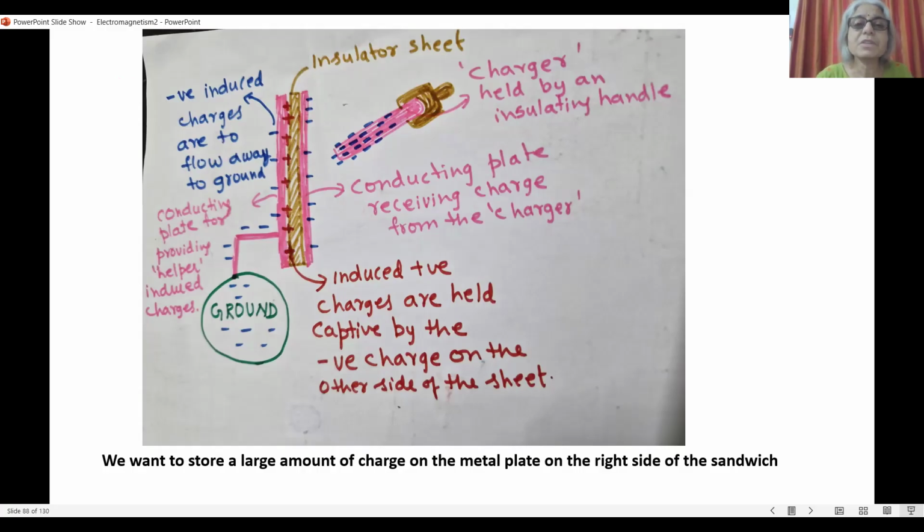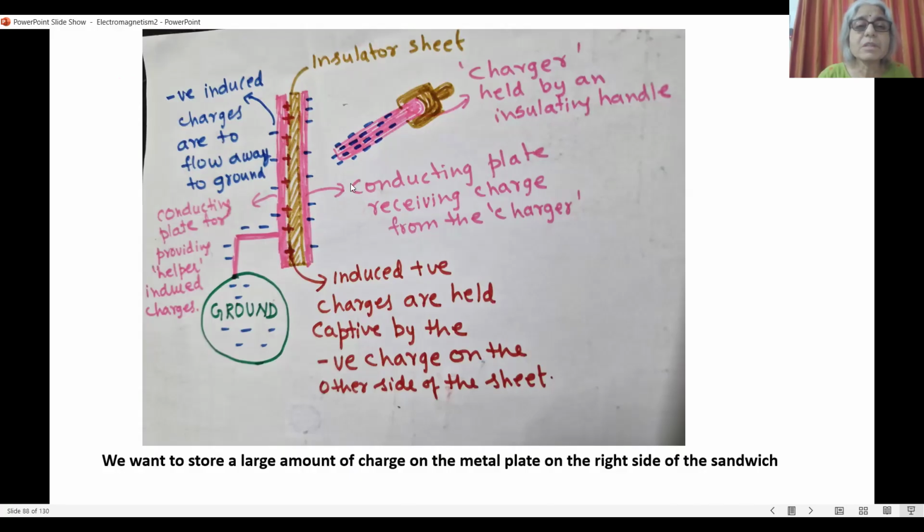Whatever charge is generated, I want to transfer it to this metal plate on the right side in this sandwich. After a few times, there is charge on this right side metal plate. And because of the presence of this charge, the metal plate on the left-hand side experiences induction. Charges will separate in that plate.